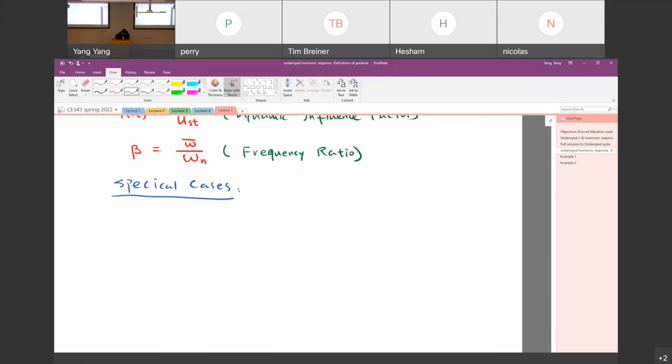So, for example, if we have the initial displacement equal to 0, initial velocity equal to 0, so that we should be able to write down the response.